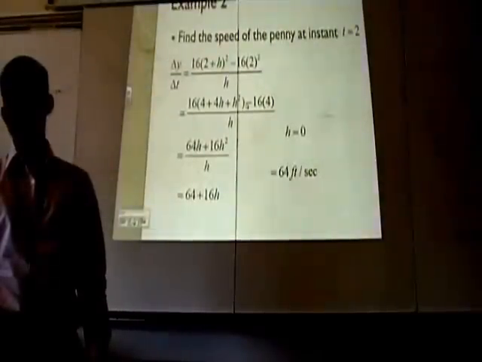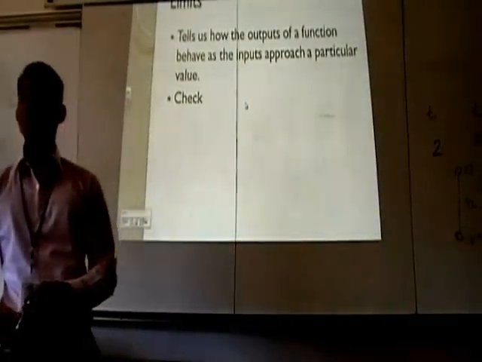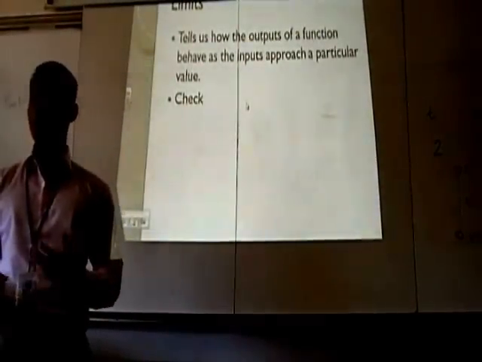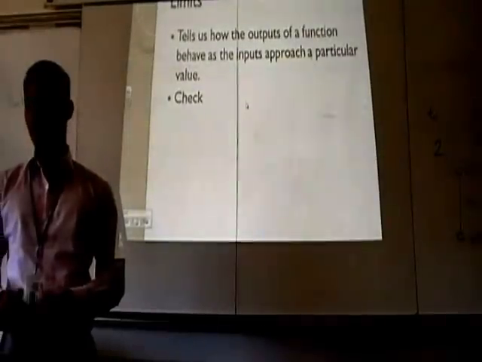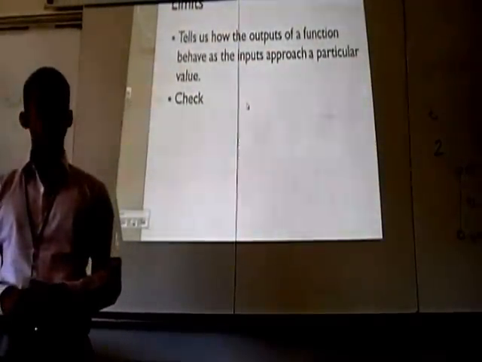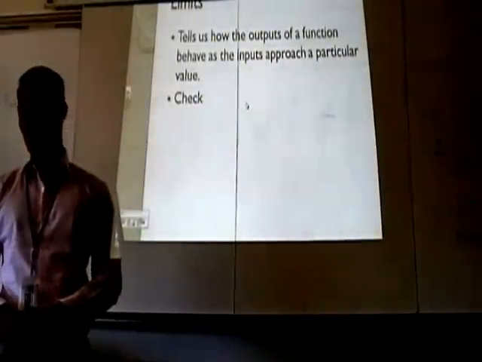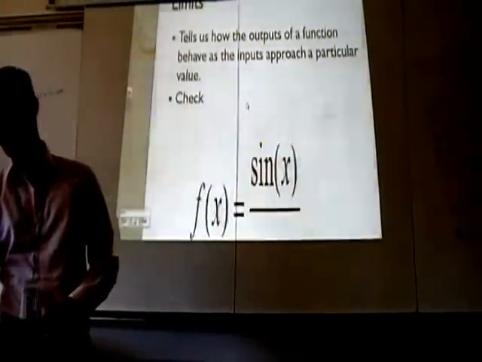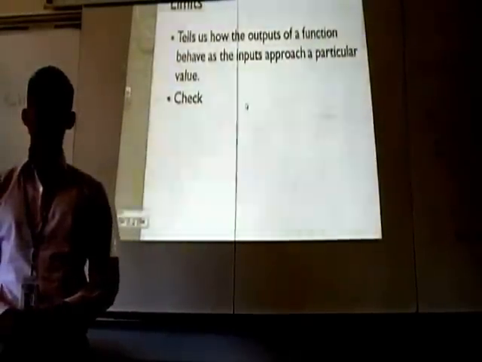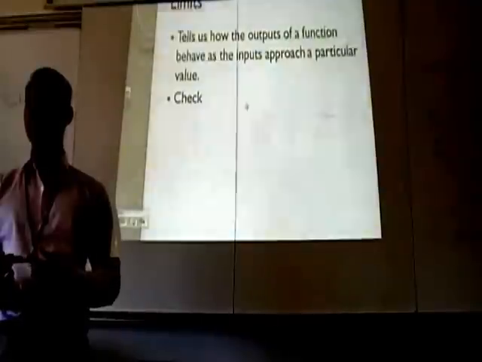Alright. Okay, so now let's talk about limits. So this is what limits tell us. This is what limit does for us. This is why we want to know it. Limits tell us how the output of a function behaves as the input approaches a particular value. So output is which variable, x or y?